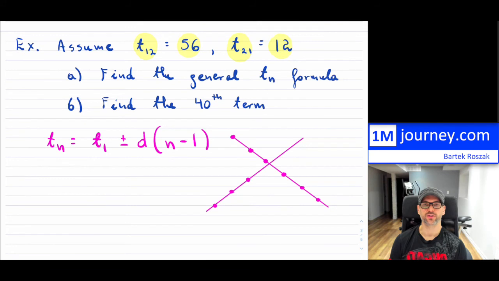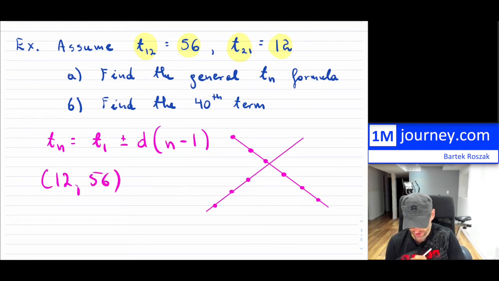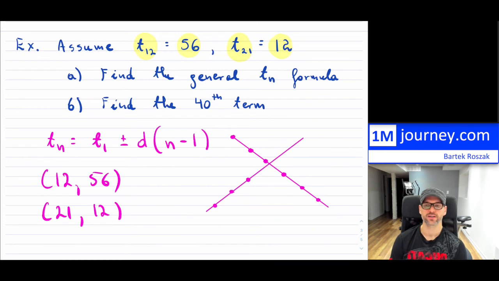We have 12, okay, and the result is 56. So we basically have 12, and that gives me 56. And I know 21, the 21st term, and that gives me 12. So it looks like it's going to be decreasing, right? So it's a decreasing sequence. But I have two points.